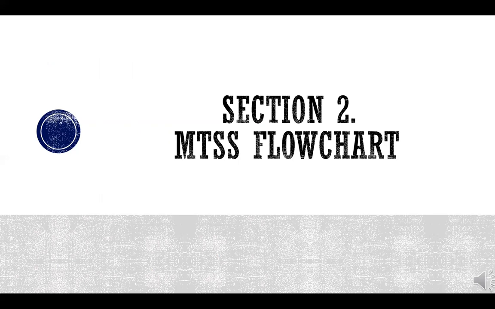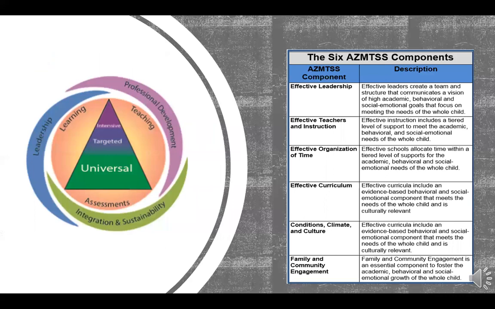Section 2 explains multi-tiered system of supports, or MTSS, which addresses the need of the whole child. In Arizona, MTSS is defined as a coherent continuum of system-wide data-based problem-solving practices supporting a rapid response to the academic and behavioral needs for all students.